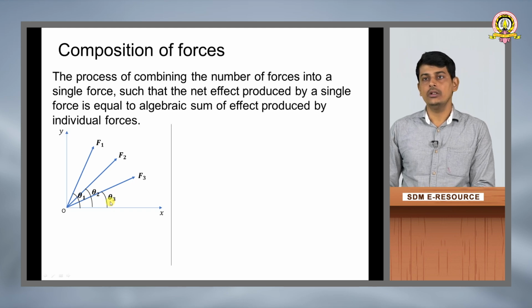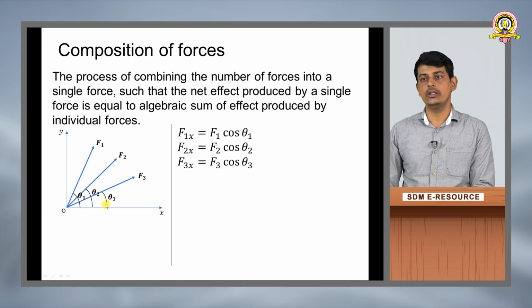Now, to find the composition or resultant of forces, we first need to resolve these into components, that is F1x, F2x, F3x. F1x is nothing but F1 cos theta 1, as we did in the resolution of forces. The same method I am going to follow here.